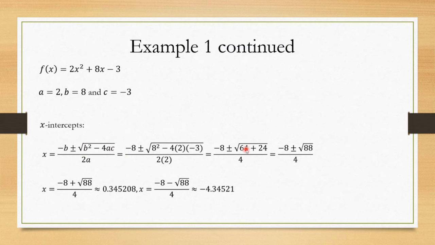So in this case, we're going to get this here. Again, I'm just taking a, b, and c and plugging it in. So b is 8. So negative b, negative 8. Plus or minus square root of b squared, which is 8 squared, minus 4 times a times c. And we get all this.